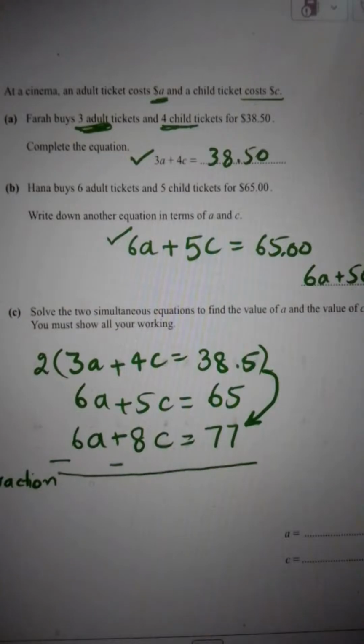Positive becomes negative: 77 becomes negative, 8c becomes negative, and 6a becomes negative. Then we can see that the elimination of a is done. 6a minus 6a is zero. 5c minus 8c is minus 3c, and that is equal to 65 minus 77, which is minus 12.